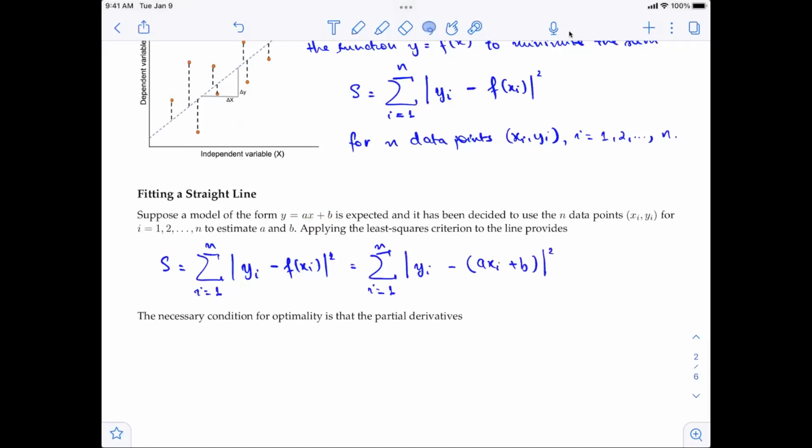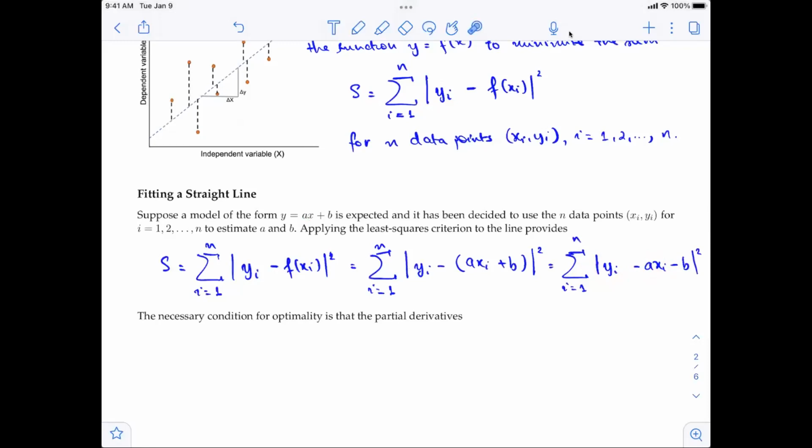Or if you distribute the negative into the parentheses, this is the formula: the summation for i going from 1 to n of y sub i minus a x sub i minus b, squared. So we want to minimize this particular sum. The necessary condition for optimality is that the partial derivatives vanish. So why partial derivatives in this case?